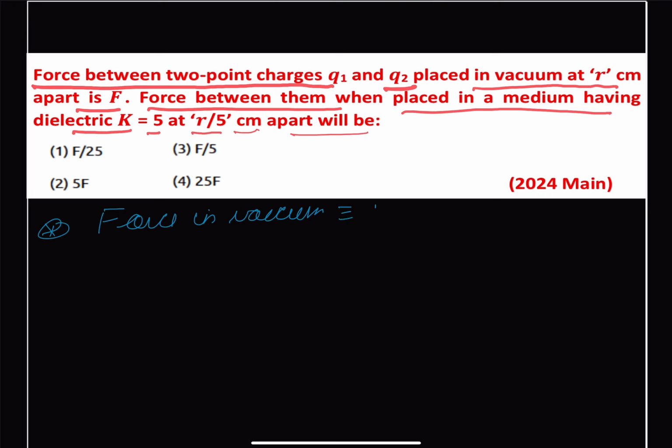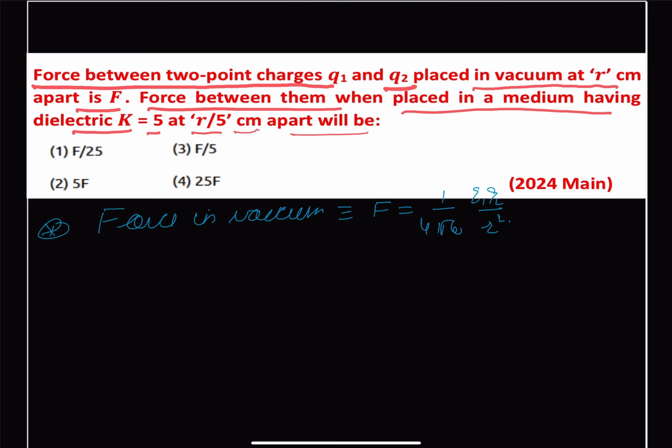So we can say our F will be equal to, let me not write K because the dielectric constant is given as K, 1 upon 4 pi epsilon naught, and this comes as Q1 Q2 upon r square.